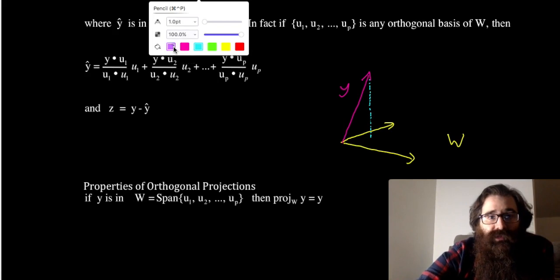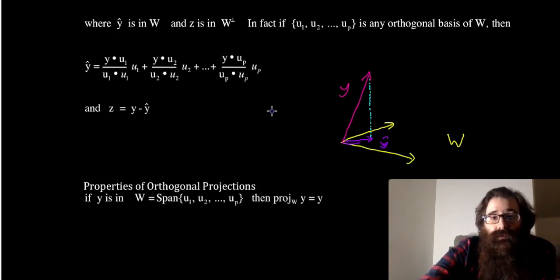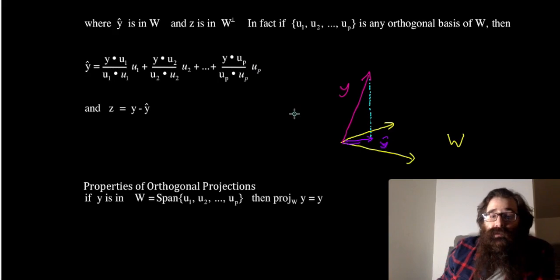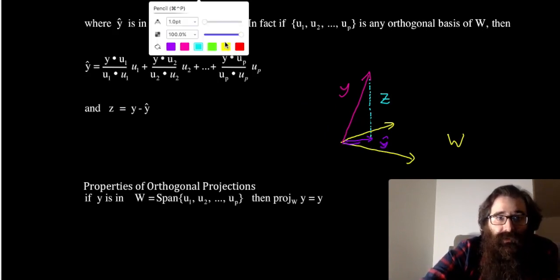And then we get our projection. This is our projection, y hat. And this dotted line in blue, if I want to treat it as a vector, this is the vector z. So we see y hat and z are perpendicular. We have this nice relationship that z is equal to y minus y hat. We remember that from last time too. We talked all about this stuff.